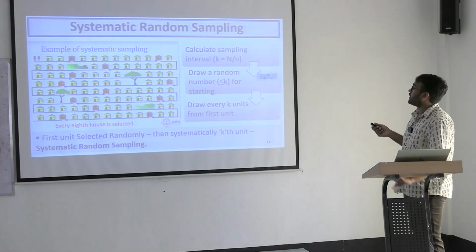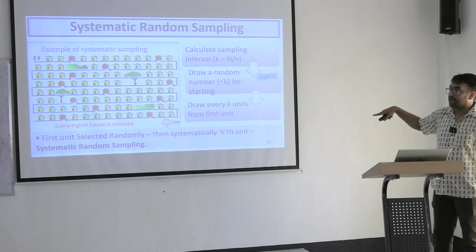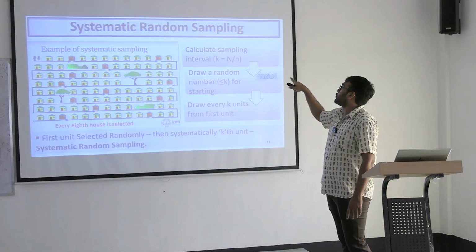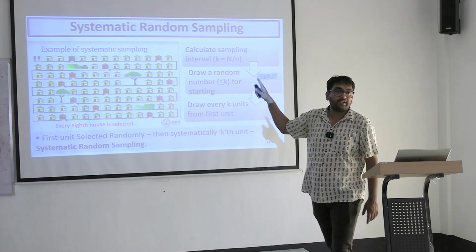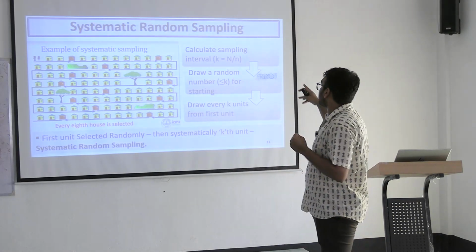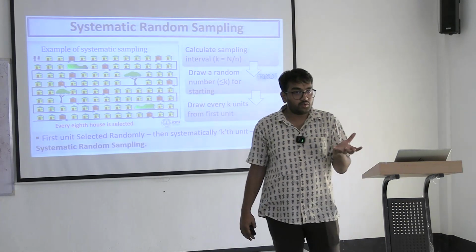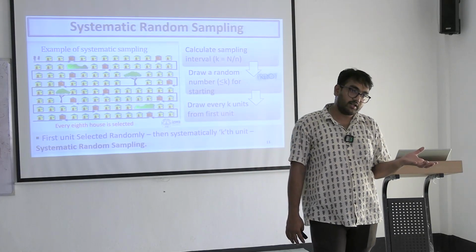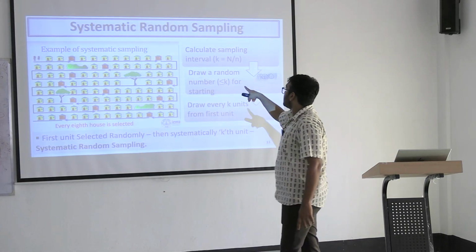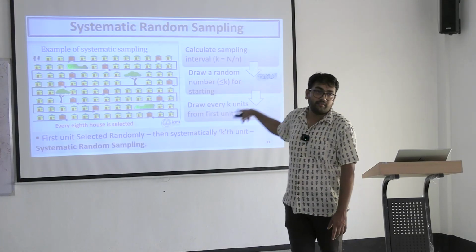So you can see this is how the calculation is done. Calculate the sampling interval by k equals capital N by small n, where capital N is the total study population and small n is the sample size. Like we did, 12,000 divided by 300 came as 40, so k becomes 40. Then draw a random number less than k for starting.